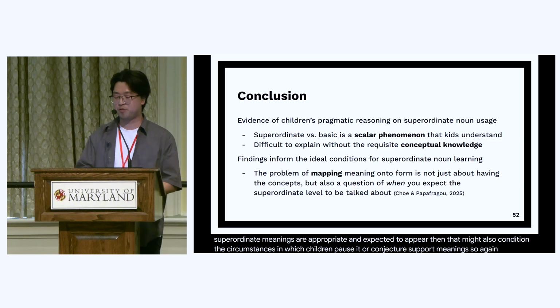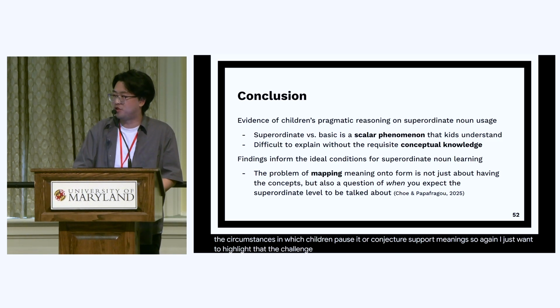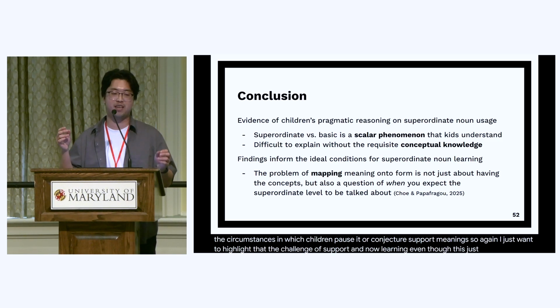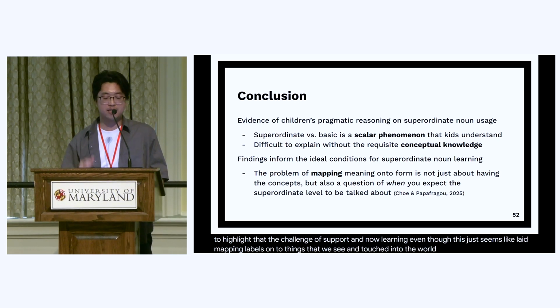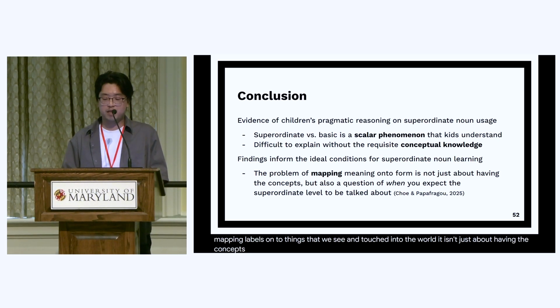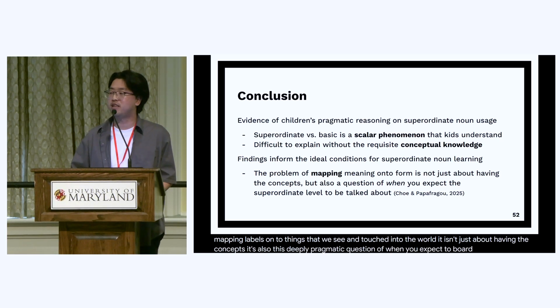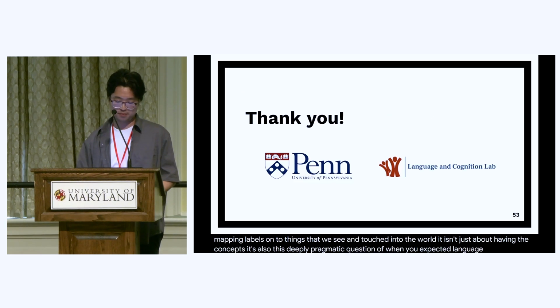So again, I just want to highlight that the challenge of superordinate noun learning, even though it seems like just mapping labels onto things that we see and touch in the world, isn't just about having the concepts. It's also this deeply pragmatic question of when you expect superordinate-level meanings to be talked about in language. Thank you.